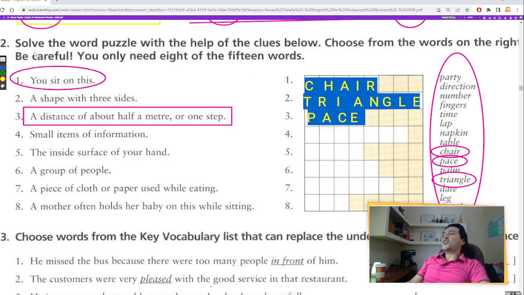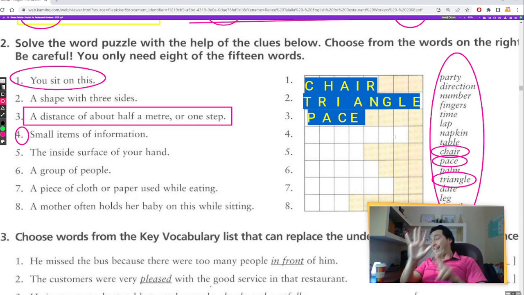Number 4, small items of information. Small items of information. 1, 2, 3, 4, 5, 6, 7 letters. 7 letters. What could it be?